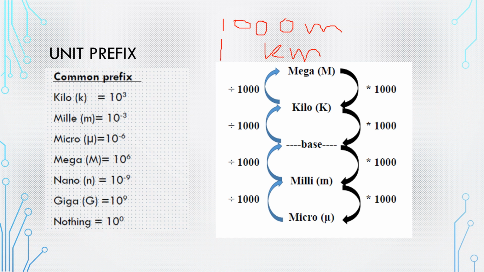So to convert from one prefix to another, if you convert from big to small, so mega is bigger than kilo, you need to multiply by 1000. And if you convert from mega to the base, or to nothing, you need to multiply twice.